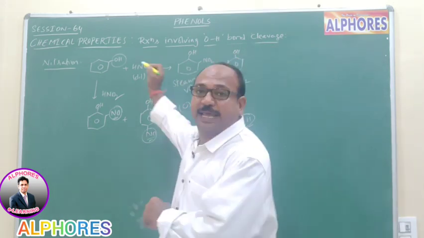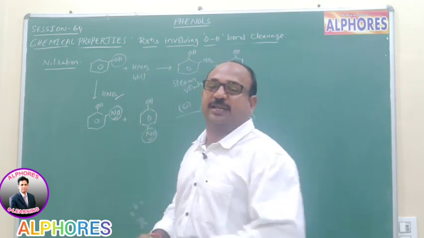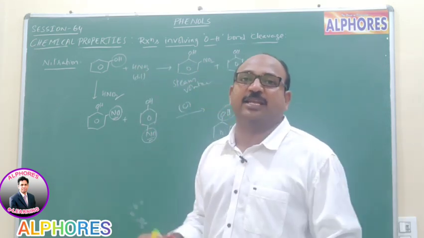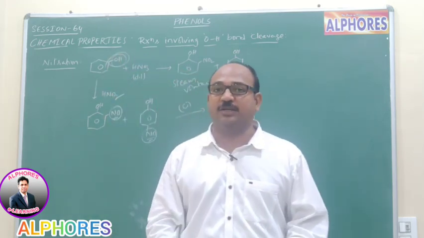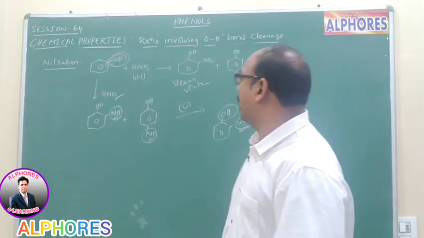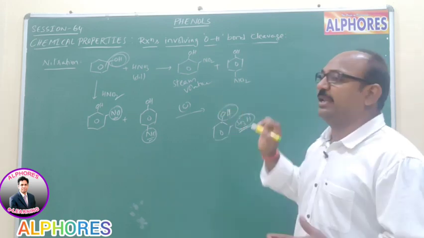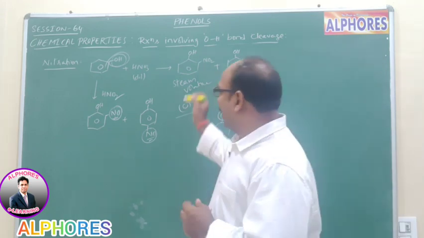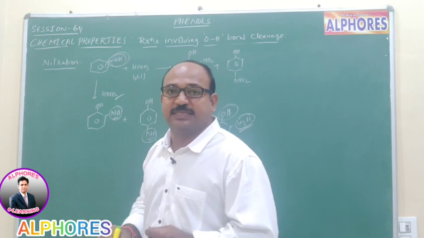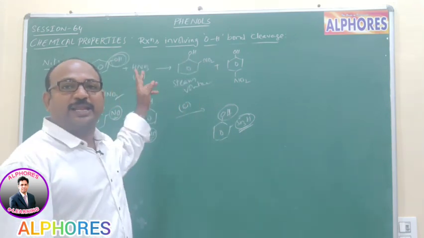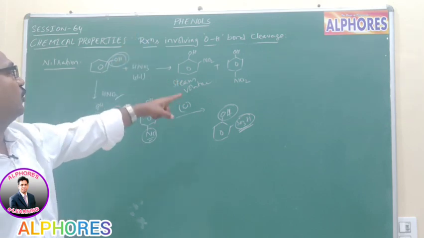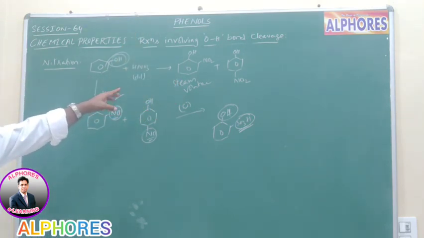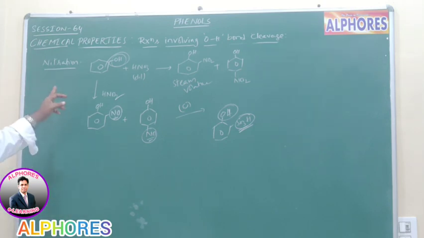But with direct nitration of phenol with concentrated nitric acid, you do not get any nitration product because the OH group also gets oxidized. Don't forget that. Now, during nitration, we have to use only dilute nitric acid. When we use dilute nitric acid, you get two products, ortho-nitrophenol and para-nitrophenol. The ortho-nitrophenol and para-nitrophenol we can separate by steam distillation.